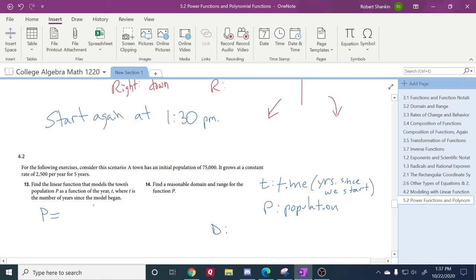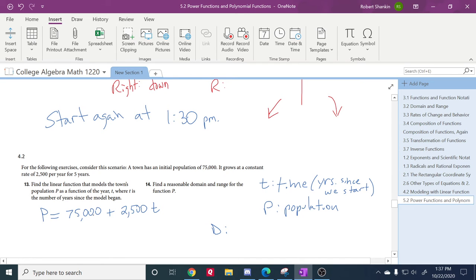It would be the initial population of 75,000 plus 2,500 times t. So when t is 0, when we started, it would be at 75,000.